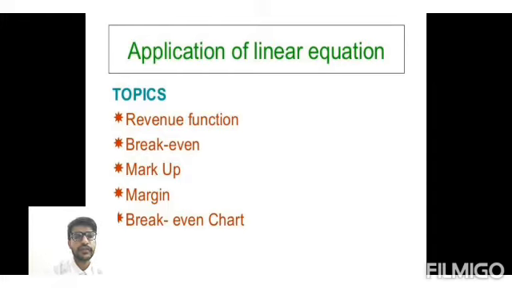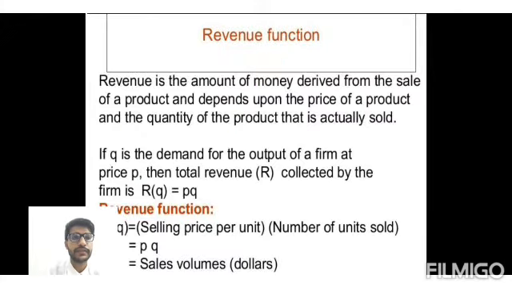Applications of linear equation: revenue functions, break even, markup and break even chart. Revenue function. Revenue is the amount of money derived from the sale of the product and depends upon the price of the product and the quantity of the product that is actually sold.